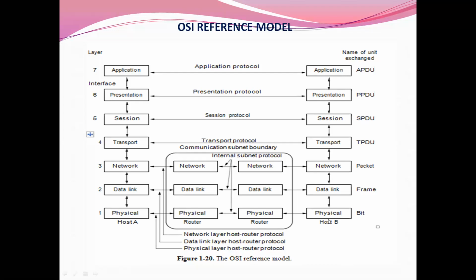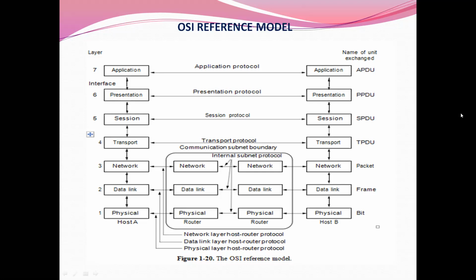As the data moves to the upper positions, the headers are removed. Finally, when it reaches the application layer, it gets only the message without any headers and trailers. The process of removing headers and trailers is known as decapsulation. Simply, in the sender, encapsulation takes place, and in the receiver, decapsulation takes place.